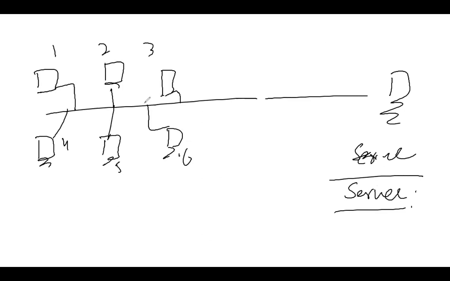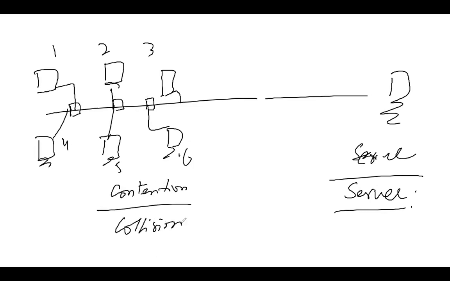Now if they want to put their data or packet on this link, then there is a possibility of collision, or a possibility of contention between these nodes as to who will access.